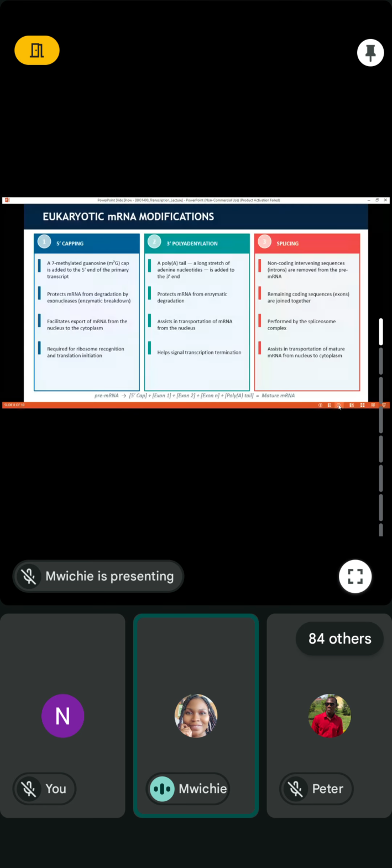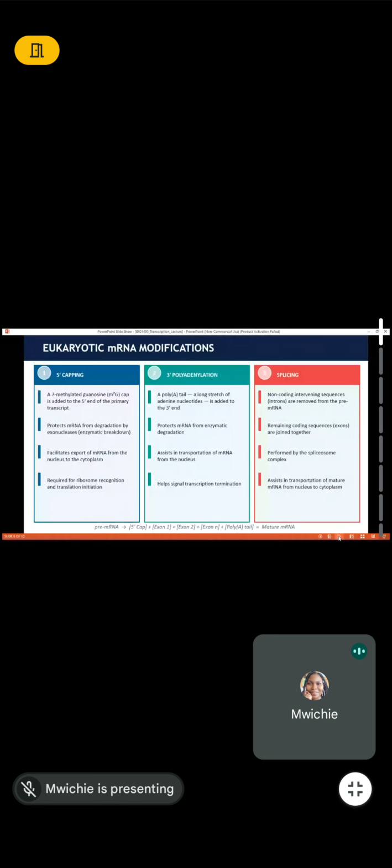Then also looking at how introns and exons are separated in a process known as splicing. So how best can you define splicing? What is splicing? What are exons? And what are introns? So all these are detailed topics that we are going to cover.